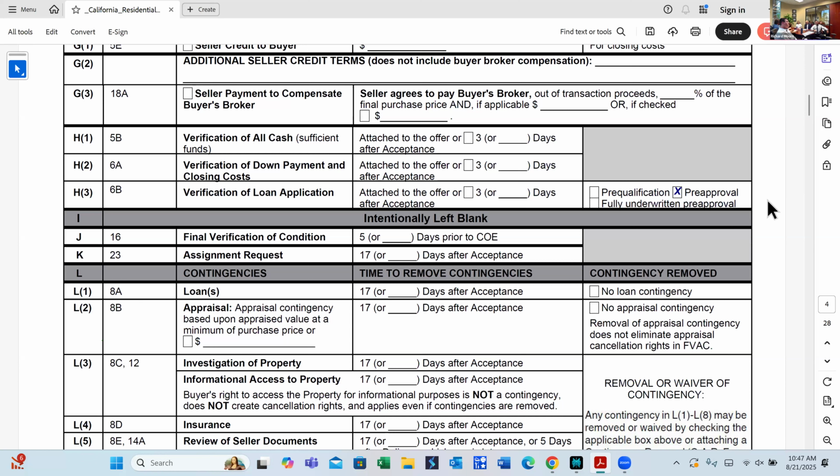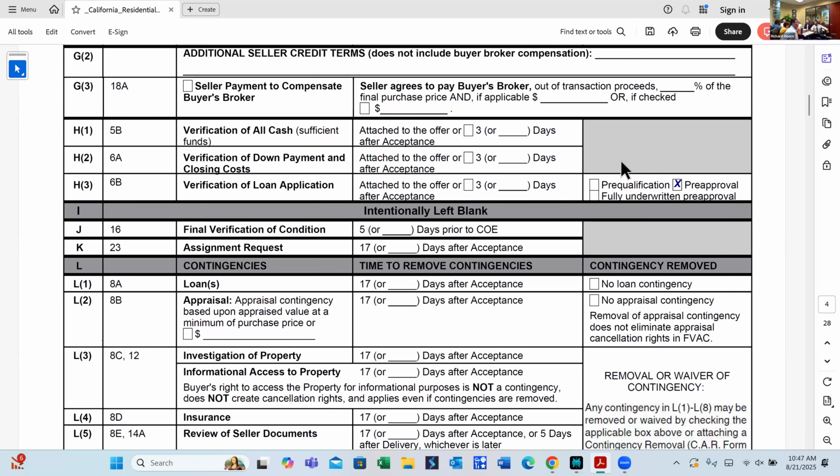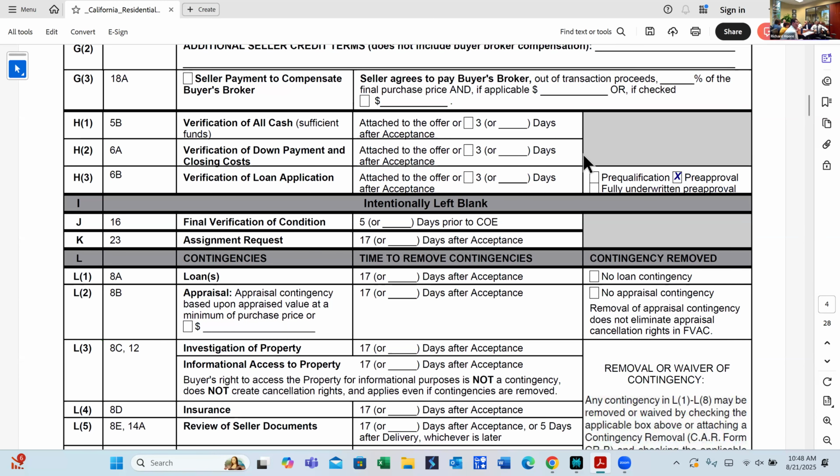Same thing with verification of down payment and closing costs. When you're submitting the offer, the default is that I'm going to submit on behalf of the buyer their bank statements, their investment account statements showing that I have $200,000 available to me in the account. And likewise, verification of loan application. The default is that I've attached the pre-approval.